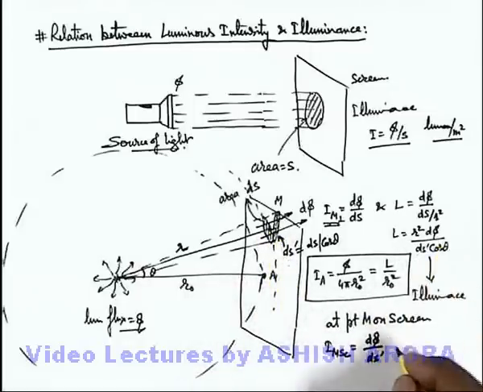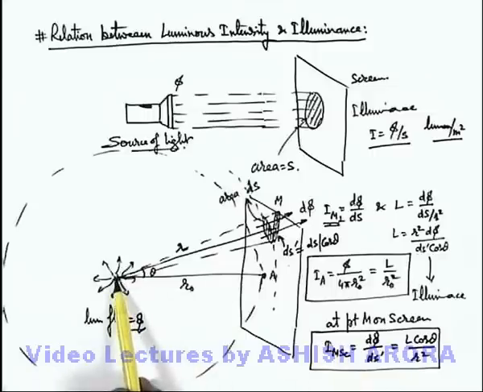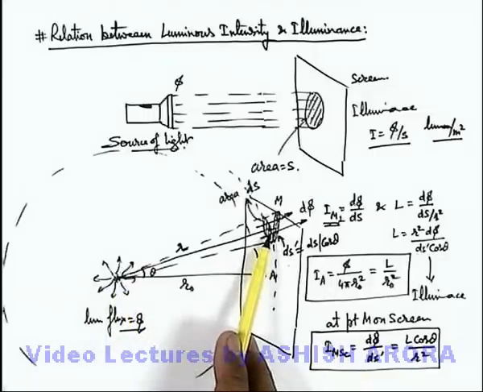Then d phi by ds prime we can write as I cos theta by r square. So this is the relation you need to keep in your mind, that is giving us the illuminance at point M on the screen, which is located at a distance r from the source and at an angle theta from the normal direction.